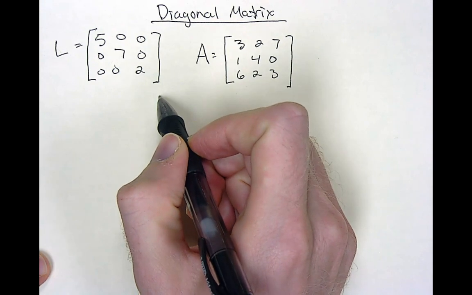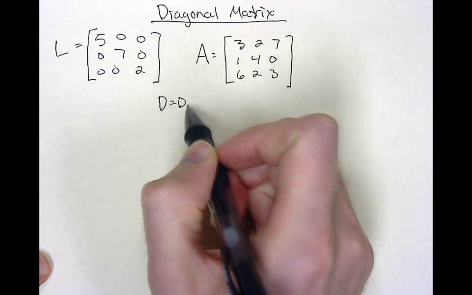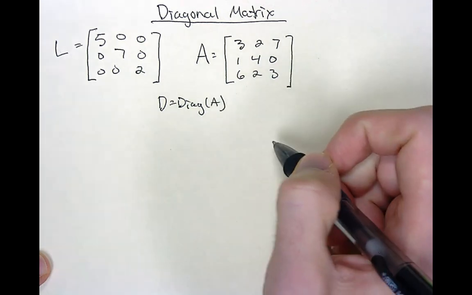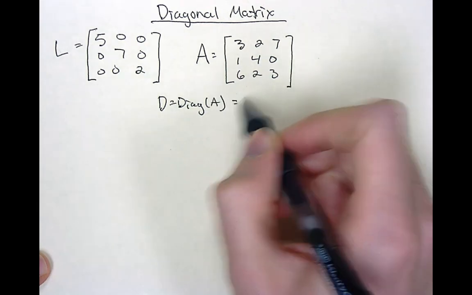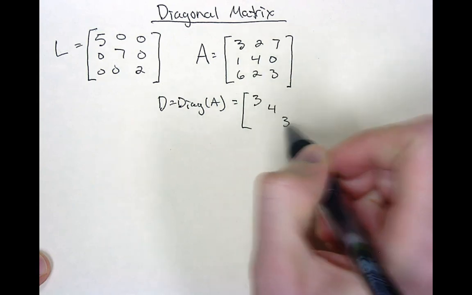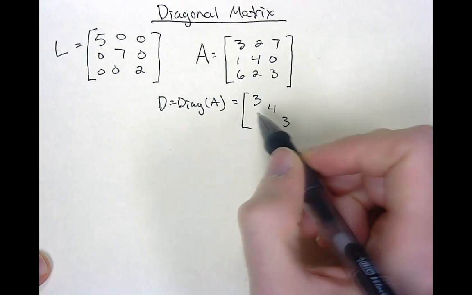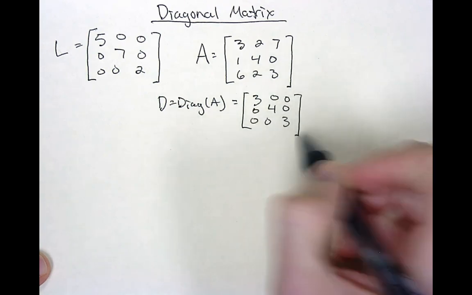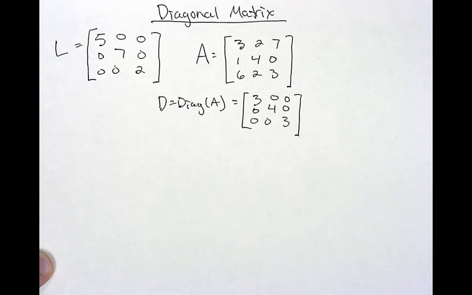So let's say D is the diagonalized form of matrix A. It will be 3, 4, 3 on the diagonals and zeros on the off diagonals. It's as simple as that.